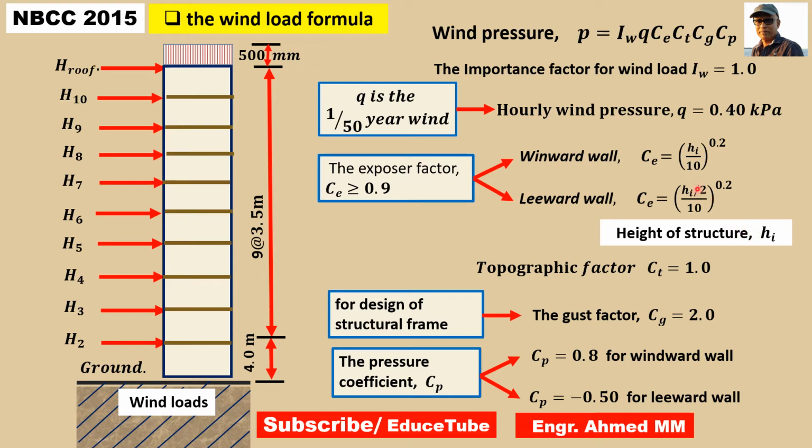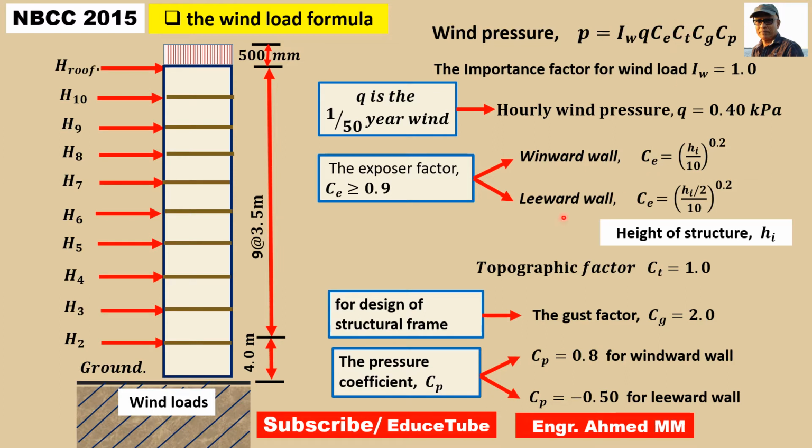But one important thing, when finding the exposure factor for leeward walls, we have to consider the middle of the height. That is why I have written here H divided by 2. That will be for the leeward wall exposure factor. So when we calculate, we will get these two scenarios.